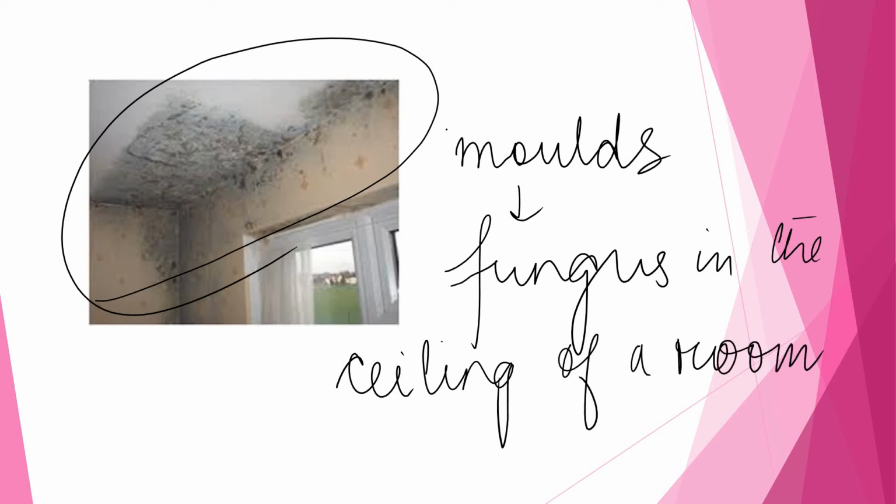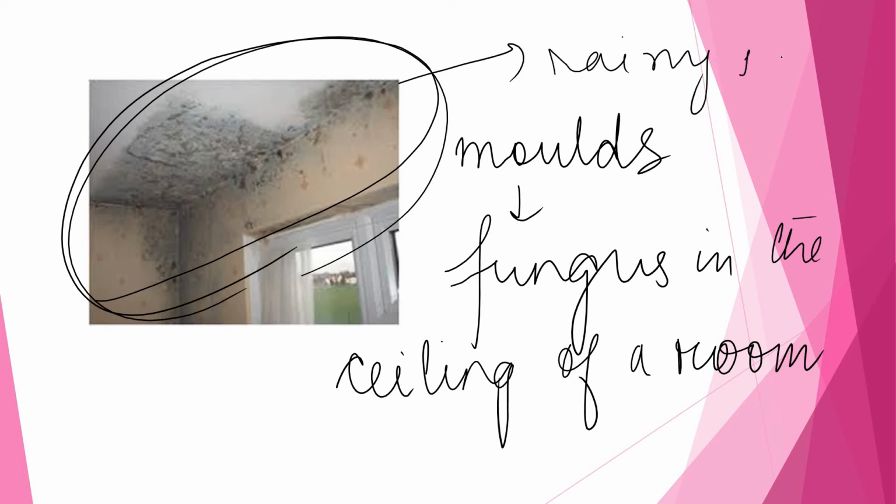You can see, and this happens due to rainy season. There's fungus, molds, and these molds cause allergy. You might start sneezing when you enter such kind of rooms, damp rooms, or start having certain sort of uncomfortableness.